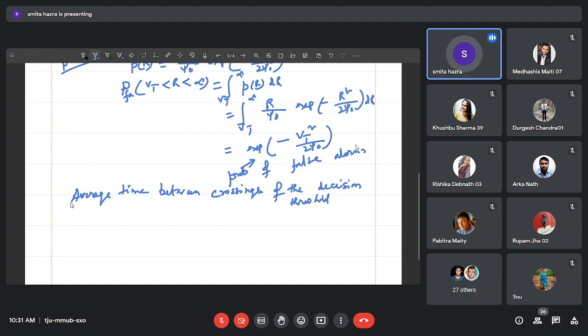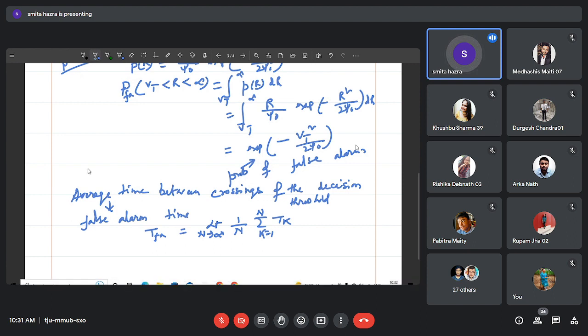Let us indicate it as the false alarm time. We can represent it as the limit n tends to infinity of 1 by n summation over k equals 1 to n of Tk.